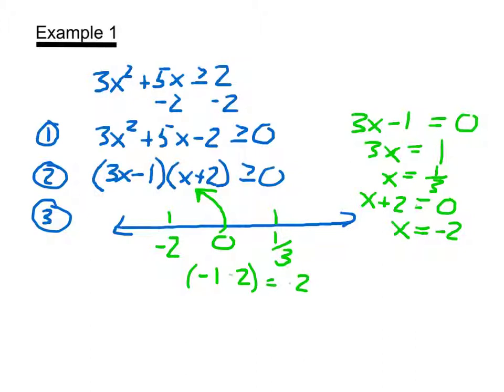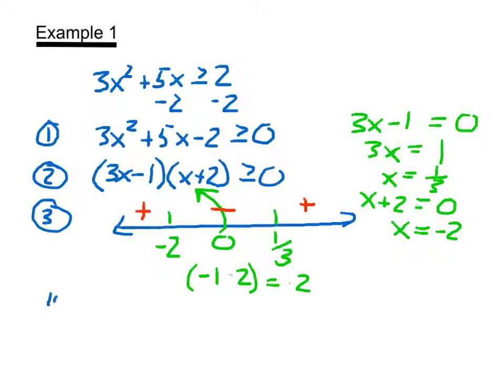So the sign for this portion of the sign diagram is negative. And because I'm dealing with single factors here, I can just simply alternate the signs. So here's my sign diagram for the left-hand side of this inequality.